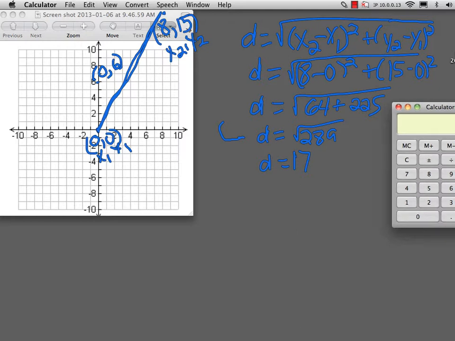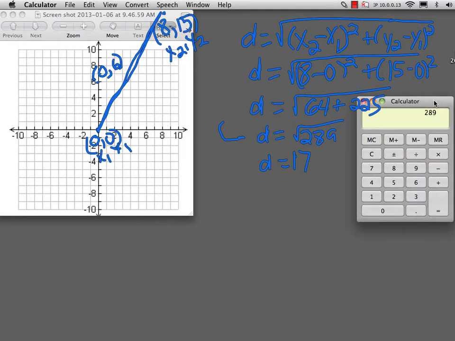Let's move this over here. So 0 and 6, and 5 and negative 4, and that's right here. We want to know the length of this segment.